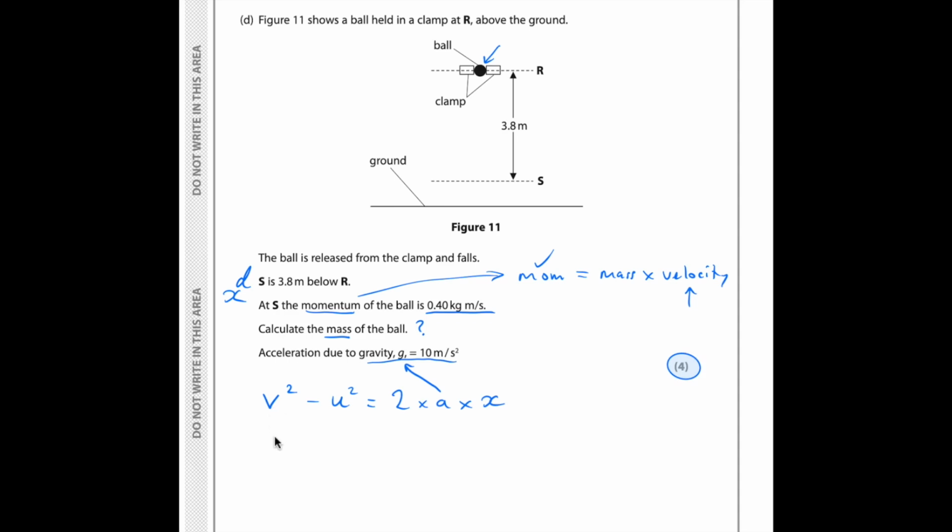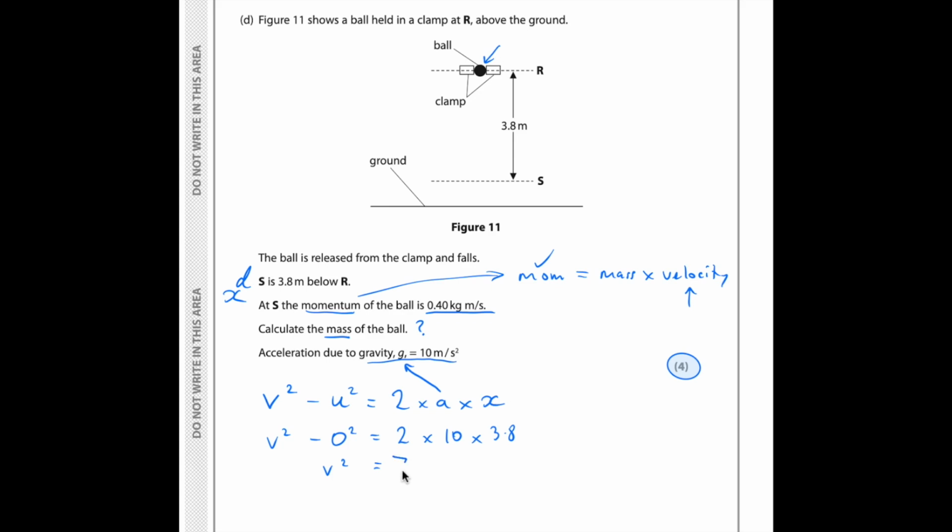Right, so this is what we're trying to work out. So v squared, now it's not moving at first, so we know that u is nothing. So nothing squared is just nothing, so that's going to get rid of that. That's going to be 2 times by acceleration, which is 10, times by x, which is 3.8.